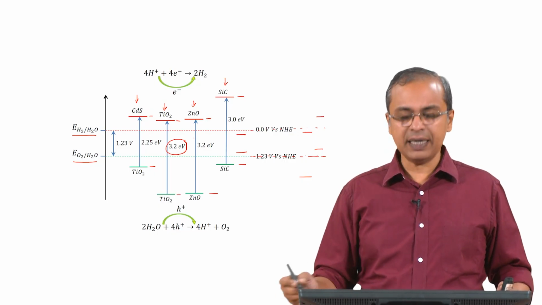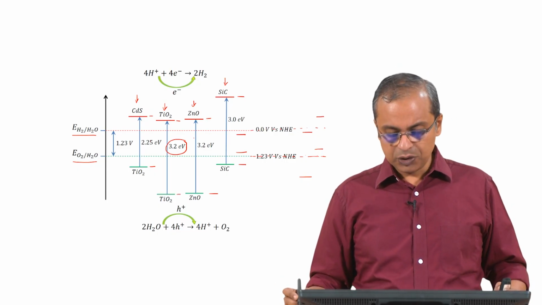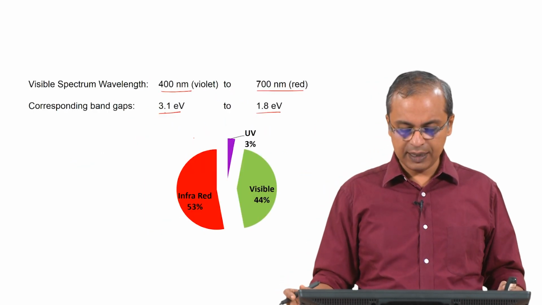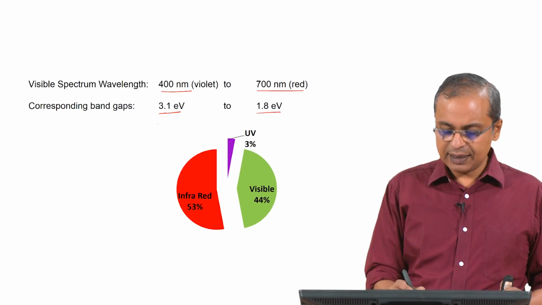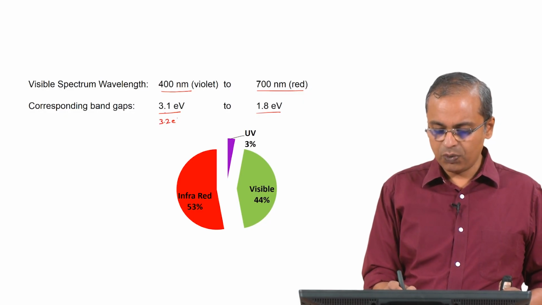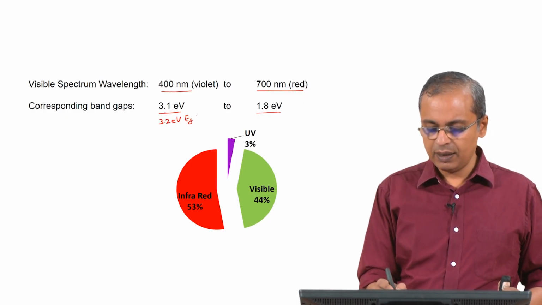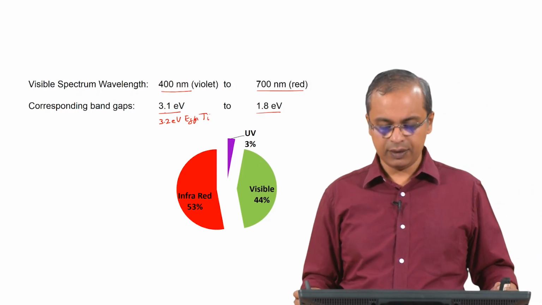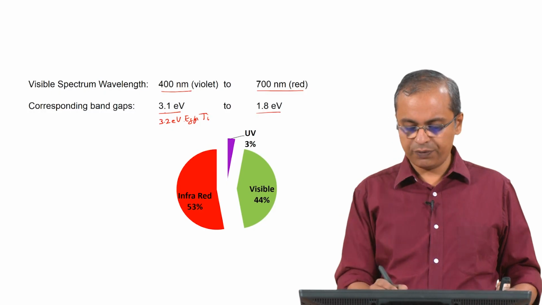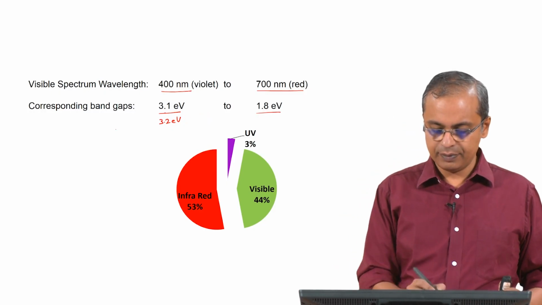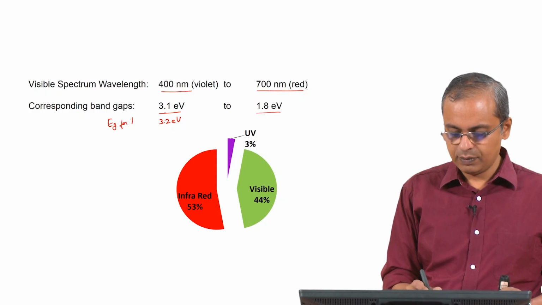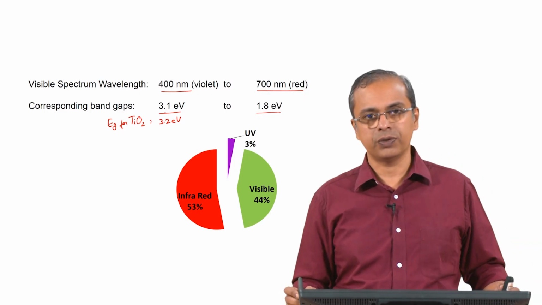And so, these are all significantly large band gaps that you are seeing here. So, if you compare 3.2, which is, as I said, titanium dioxide, the most commonly used material, that is a value that is greater than this. So, Eg for TiO2 is 3.2 electron volts.